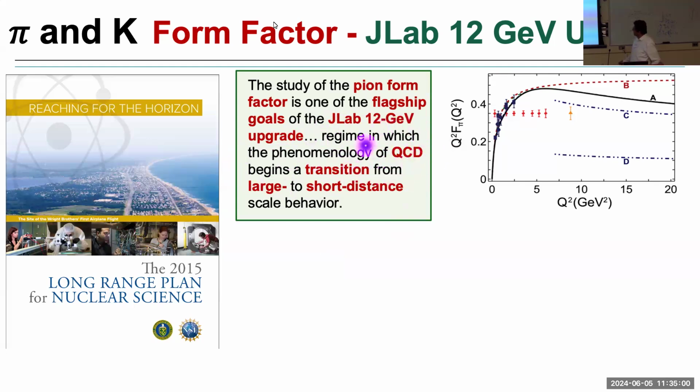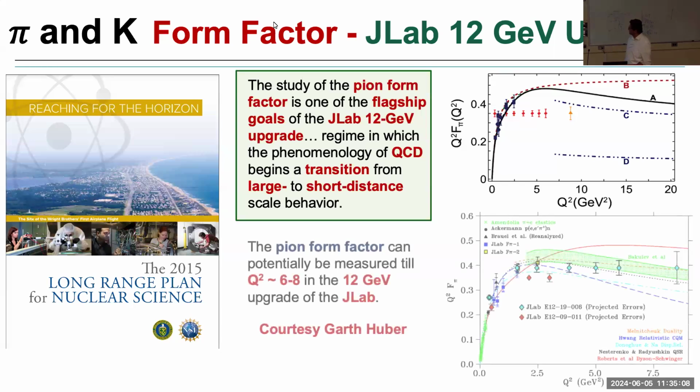possibly the QCD form factor can make a transition from the non-perturbative region at small momentum squared to large momentum squared. Okay, so in fact, the data that is being collected with the 12 GeV upgrade would be able to measure this.